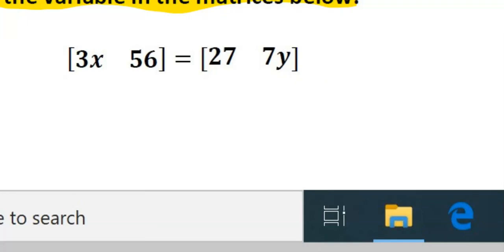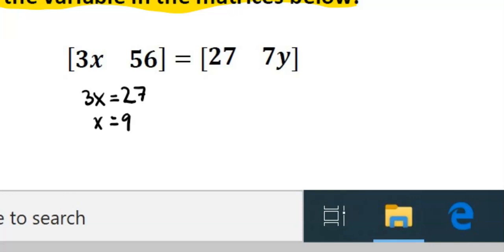And this one over here to the right is also a 1 by 2 matrix because it has 1 row and 2 columns. And so the element 3x corresponds to the element 27, so we can say that those are equal. 3x equals 27. Then we can say x is equal to 27 divided by 3, dividing both sides by 3, which would be 9.